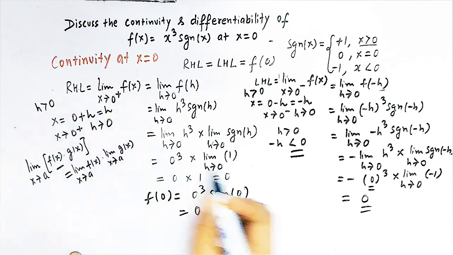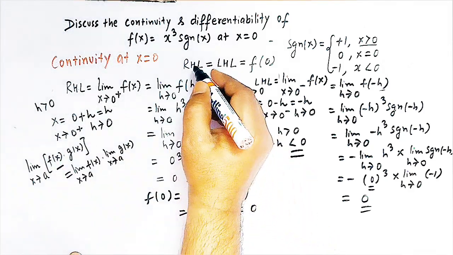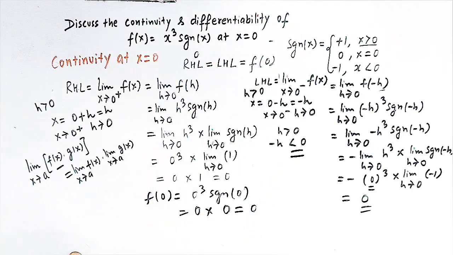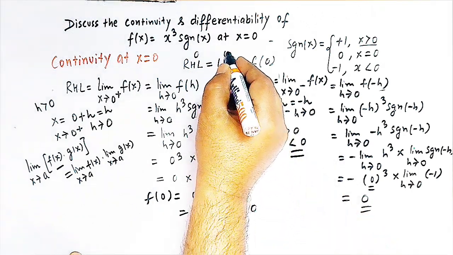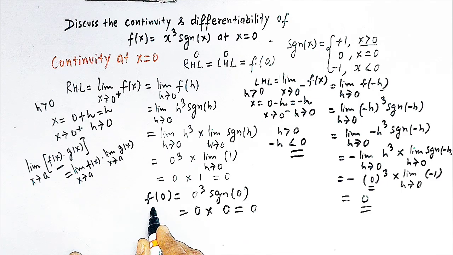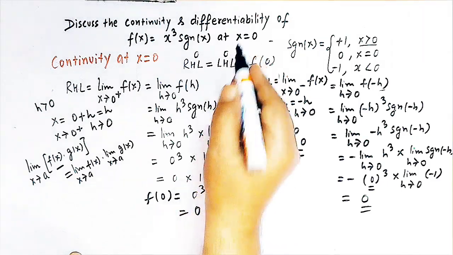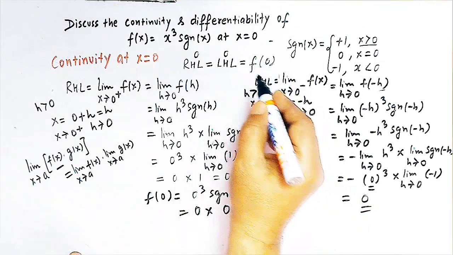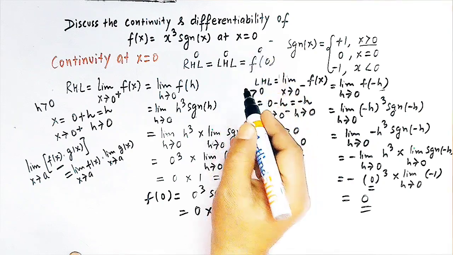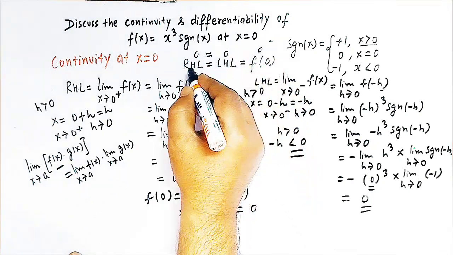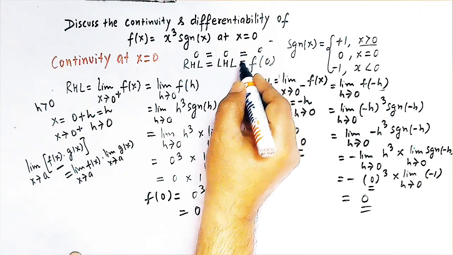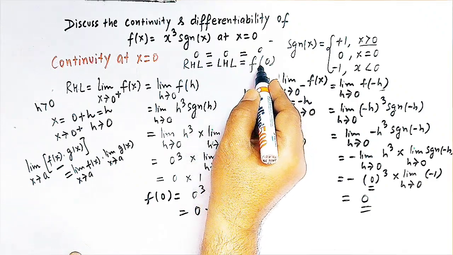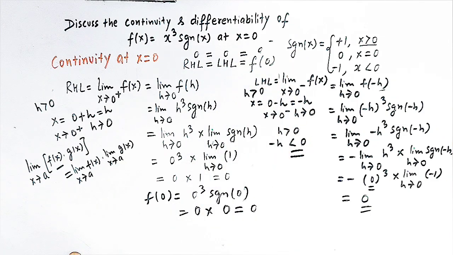So now we see that the right hand limit is equal to 0, the left hand limit is also equal to 0, and the value of the function at x equal to 0 is also equal to 0. So the right hand limit is equal to the left hand limit, and this is further equal to the value of the function at x equal to 0.